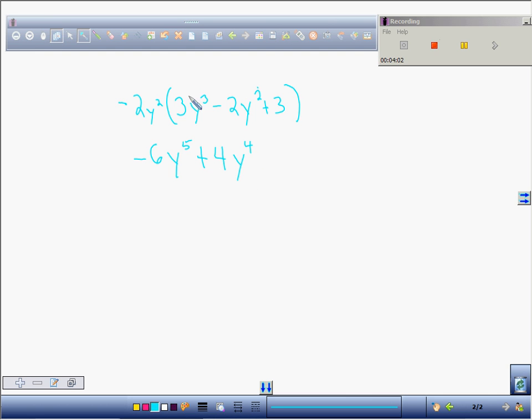And then you have to multiply this 3 times that. So you just go negative 2 times 3, which is negative 6. And what else? Y squared. If there's nothing else after it, you just leave it as y squared. It's like y to the 0 or 1. And then you're done. Okay? And that's how you multiply polynomials.